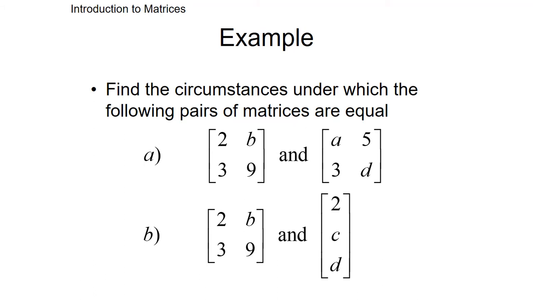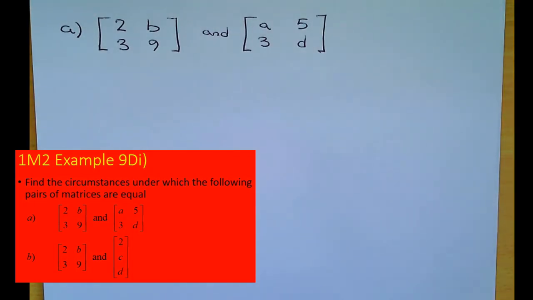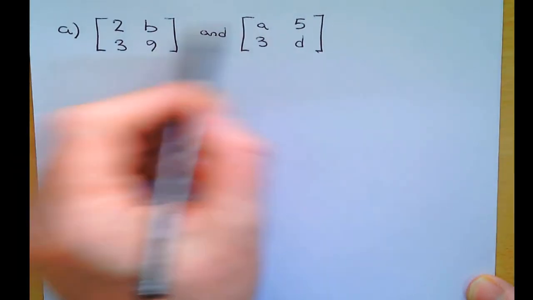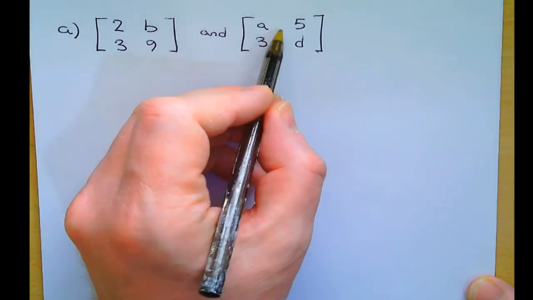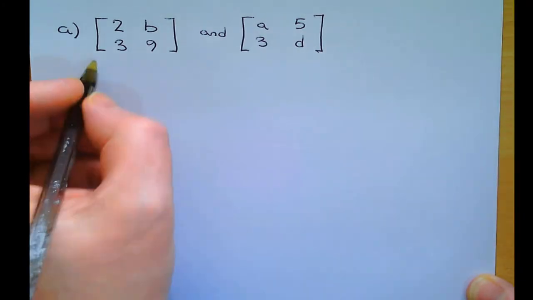Well, let's see an example here. With two pairs of matrices, let's find the conditions under which the two matrices mentioned in each part of the question are equal. So firstly, we have two matrices here. Can those possibly be equal?